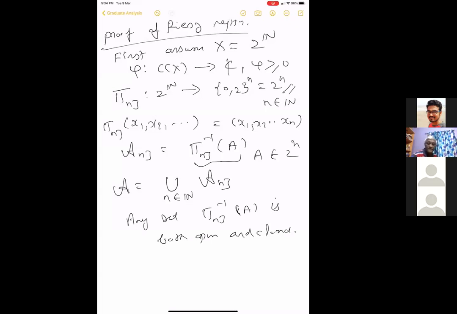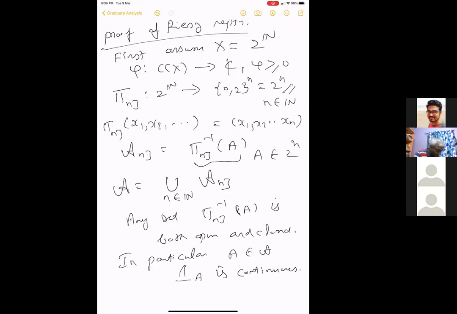In particular, the indicator function or characteristic function 1_A, for A in the algebra, is continuous. If you have a set which is both open and closed, then the indicator function is continuous.